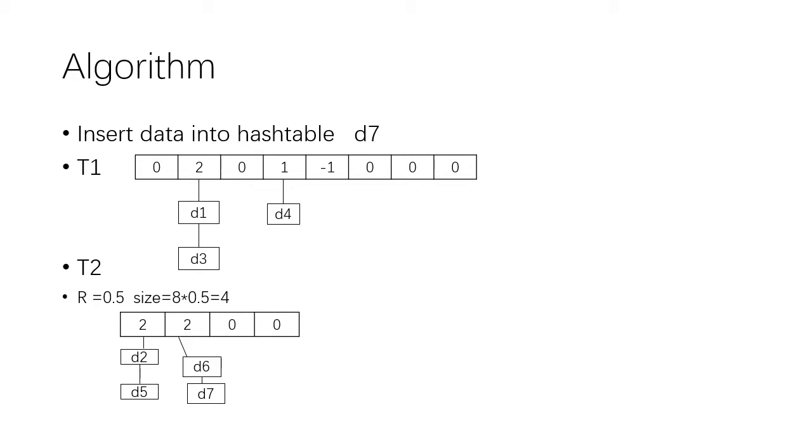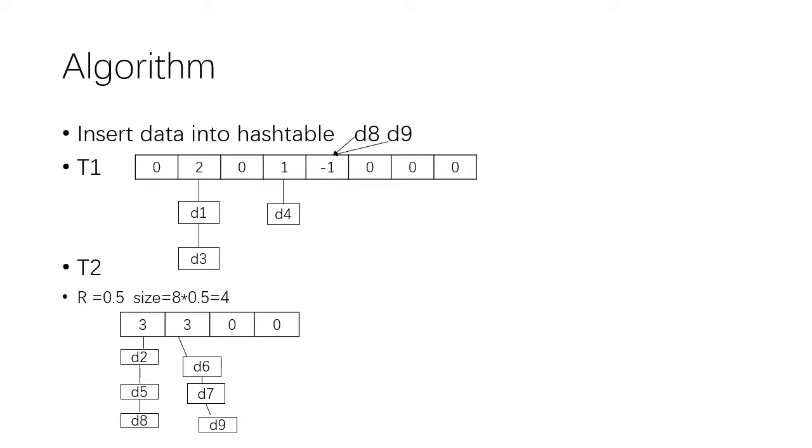So for the next slide, assume we need to insert D8 and D9, and they also correspond to T1 in index 4. Actually, now we find that the index 4, which D8 and D9 mapped to, this flag is -1.